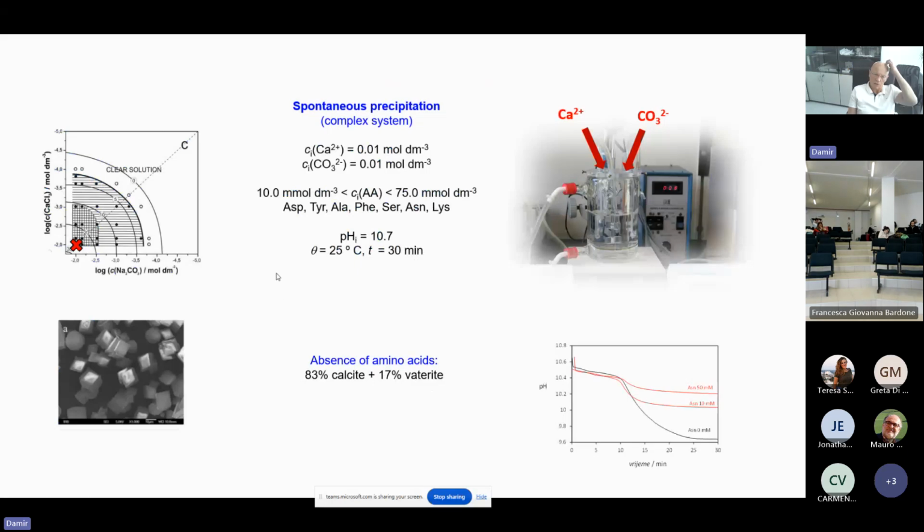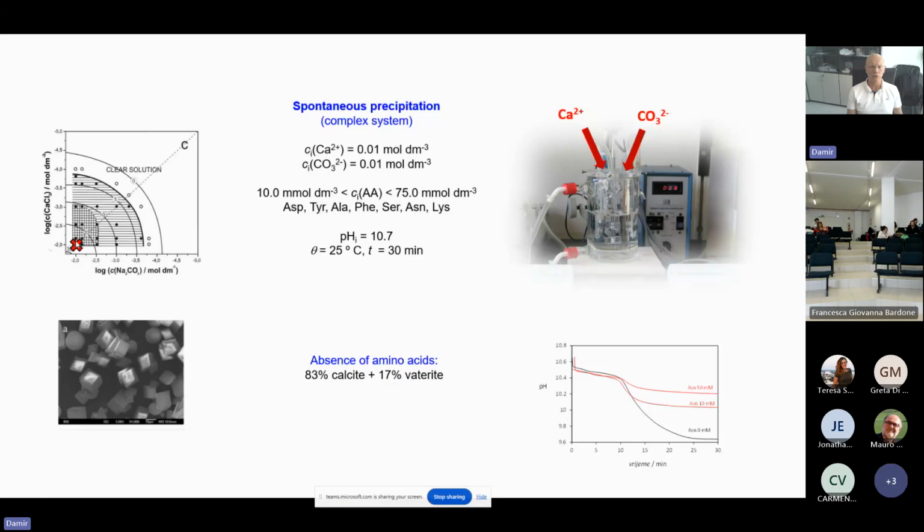This precipitation experiment we perform is what we previously called the complex precipitation system. We selected this region of high supersaturation. This is the region where we obtained a mixture of calcite and vaterite.